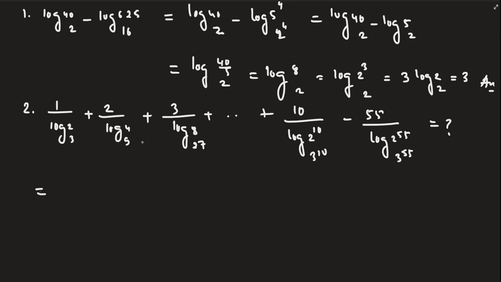So you notice that log 4 base 9 is the same as log 2 base 3, and log 8 base 27 is the same as log 2 base 3. So therefore we can take log of 2 base 3 outside from the denominator.